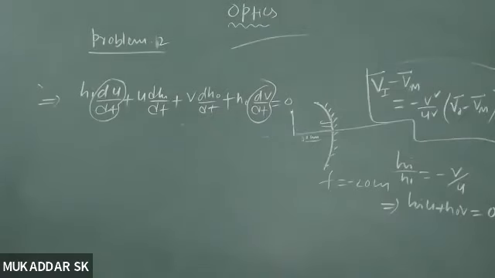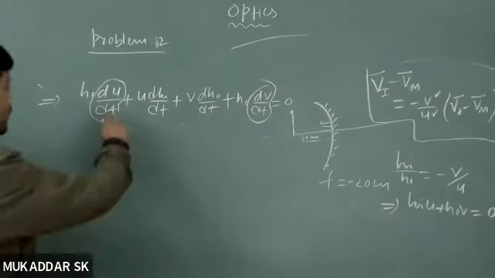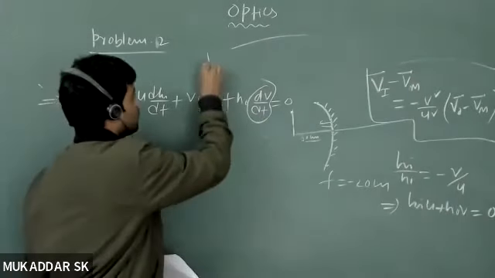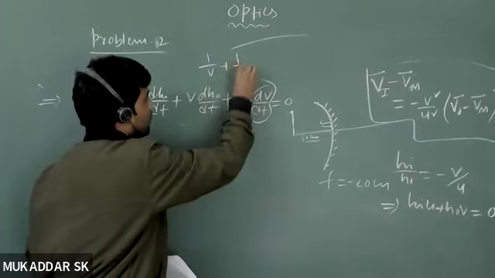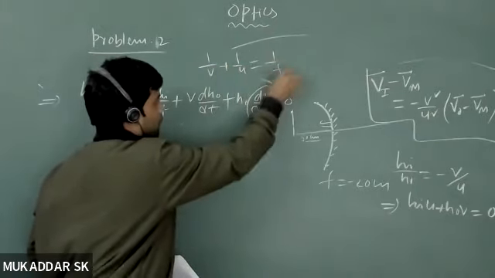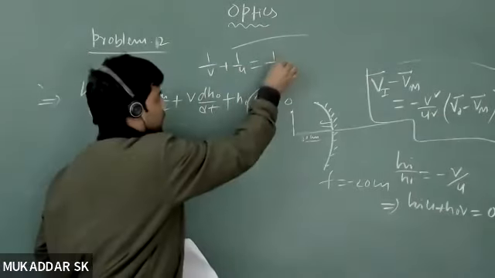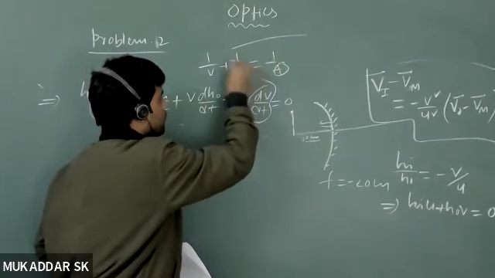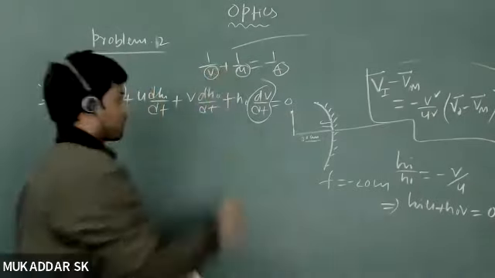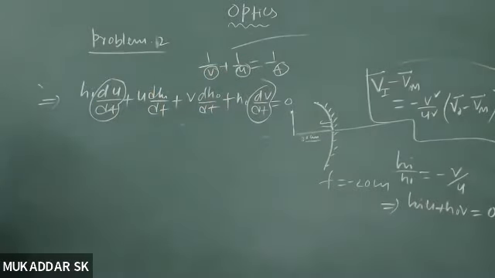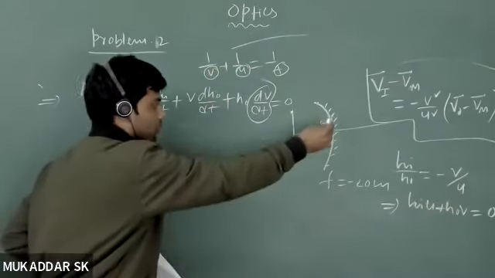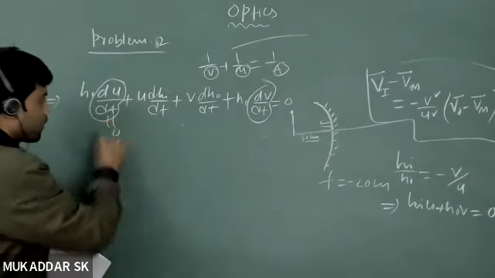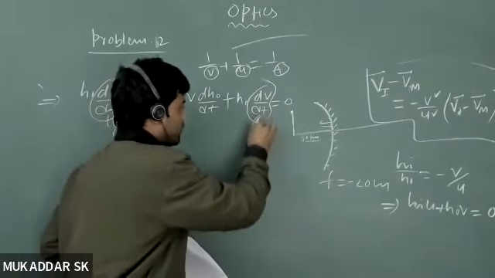And if u cannot be changed, v cannot be changed, because we know the formula 1 by v plus 1 by u is nothing but 1 by f. F is constant. So if there is no change in u, definitely there will not be change in v. So this term will be 0, and of course this term will also be 0.